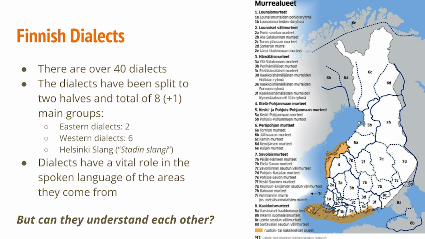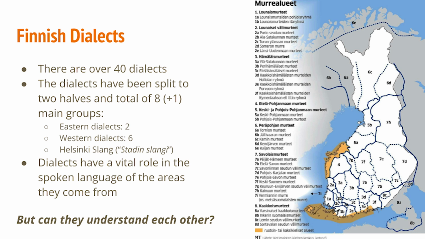But Finnish dialects have spread a bit more widely. So here is the most Finland-centered map, I would say. But all of these dialects have been split into two halves. The two halves are the Western dialects and the Eastern dialects.